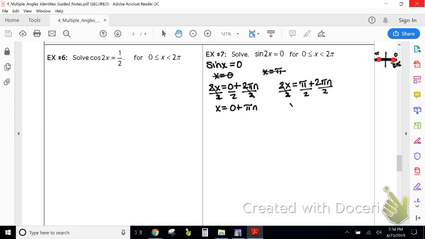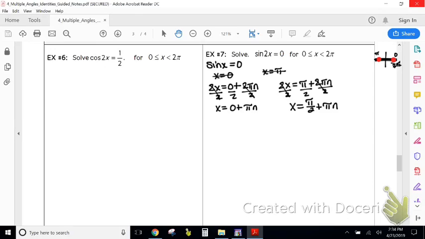And over here we get x equals pi over 2 plus pi n. And again, if we were just looking for our general solutions, or just all the solutions, that would be our answer. But we're restricted. We can only look from 0 to 2 pi, so I need specific numbers.